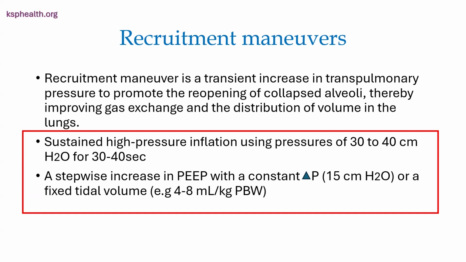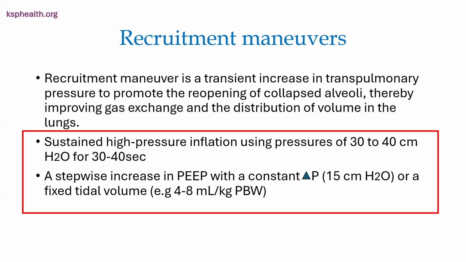Sustained high pressure inflation using pressures 30 to 40 centimeter for 30 to 40 seconds. Most of the time they do 40 centimeter for 40 seconds. Second is stepwise increase in PEEP with a constant driving pressure, that means 15 centimeter, or fixed tidal volume 4 to 8 ml per kilo.